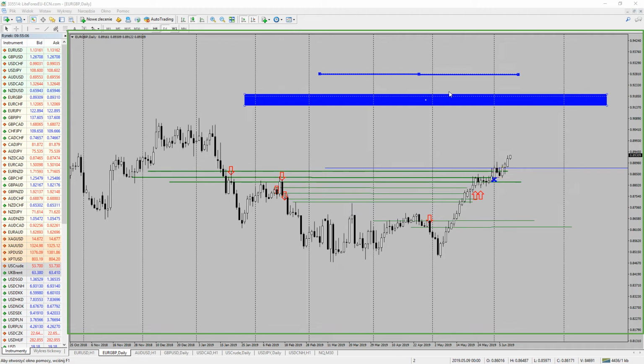So usually it's going to be the high and low of Monday. That's what we have, for example, here on Eurodollar. Blue dotted is the weekly open. At the top, green dotted is yesterday high, lower green dotted is yesterday low, right?